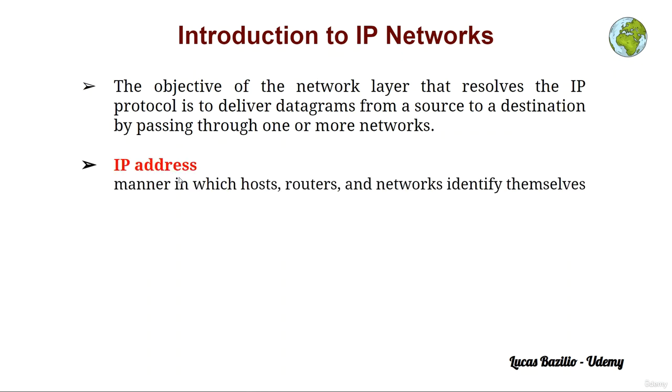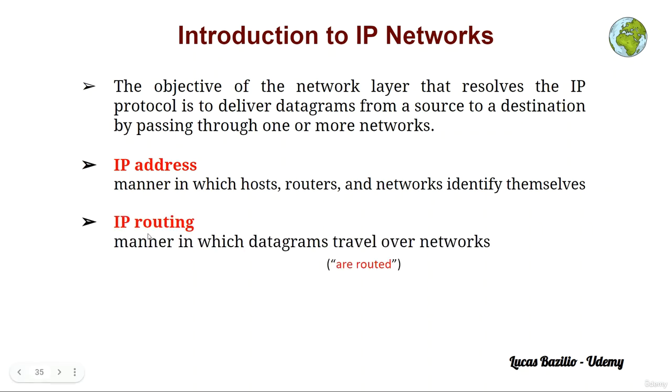Firstly, the IP address: the way in which hosts, routers, and networks identify themselves. The second matter is IP routing: the way in which datagrams travel over the network, essentially the way datagrams are routed. We will study these two aspects deeply in the following lessons.